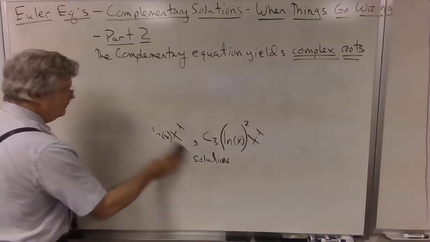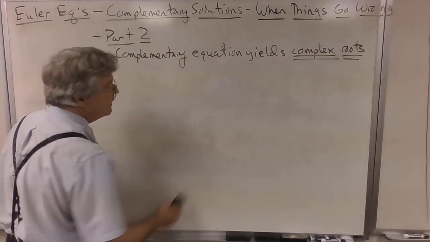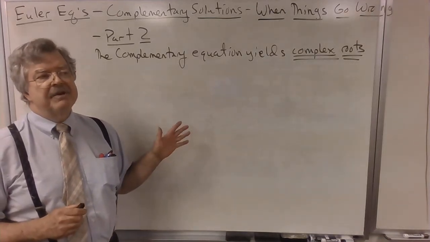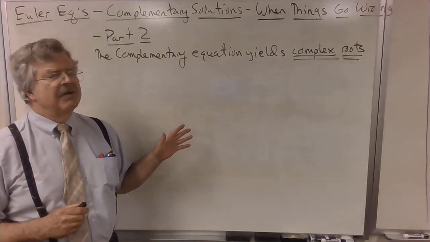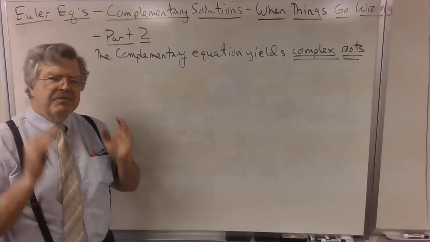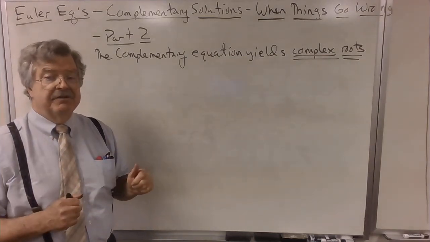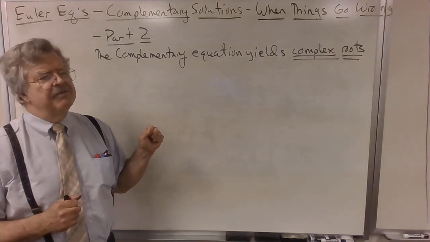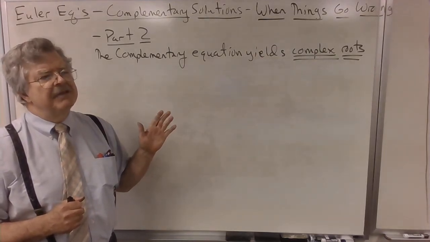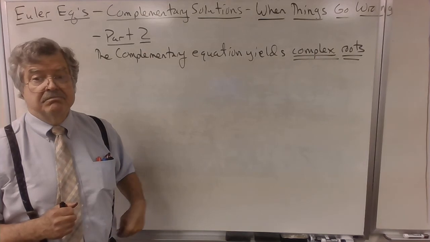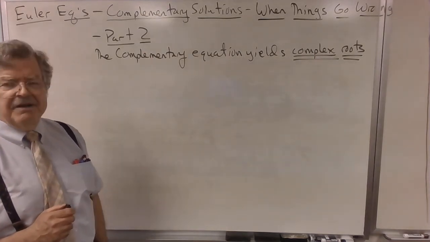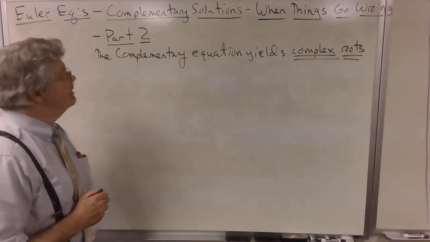You never see one without the other, as long as we have complementary or auxiliary equations that have real constant coefficients. Any equation that's got real constant coefficients, if it has complex roots, those roots are going to appear in conjugate pairs.